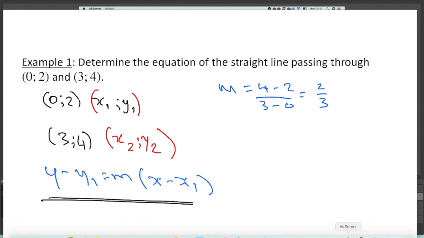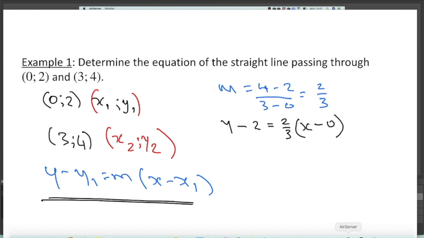And so this is what we get. Y minus y1, in our example y1 is equal to 2, is equal to m, and we found m to be 2/3. X should be kept as it is. So it's x minus x1. In our example, x1 is equal to 0.